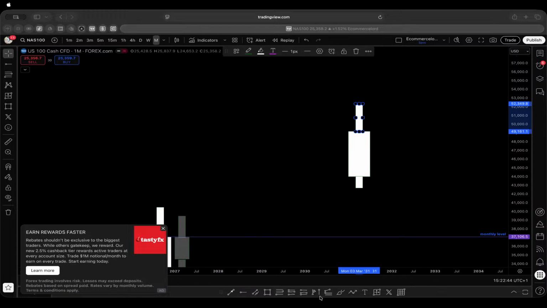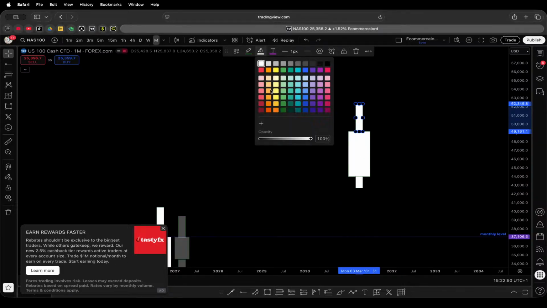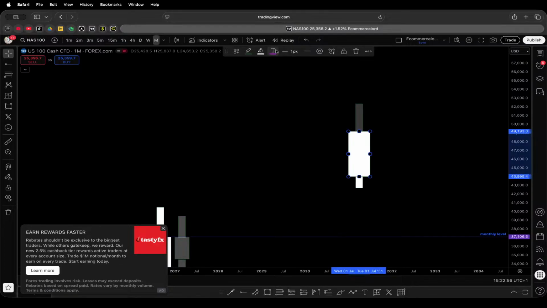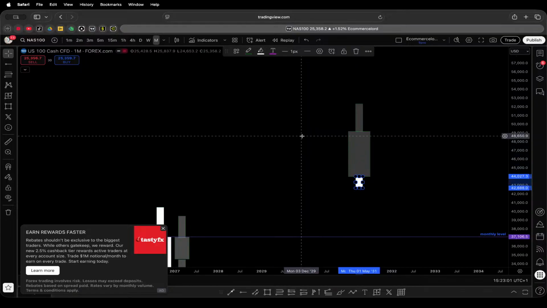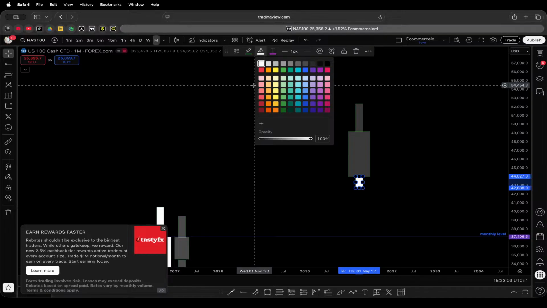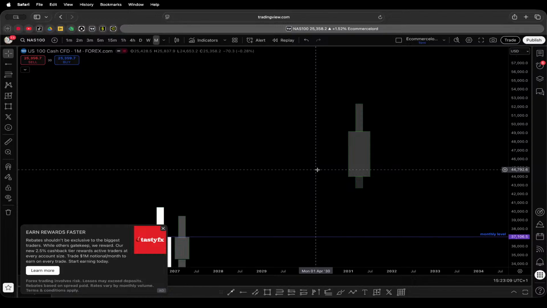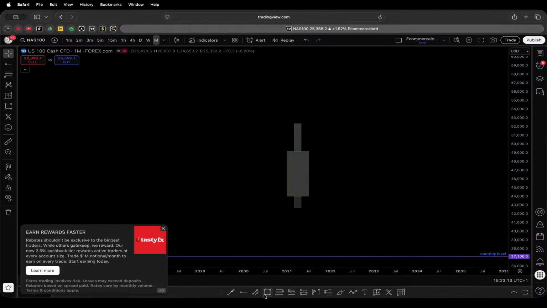Let's flip the color of that to ash. So this would have been our bearish candle.